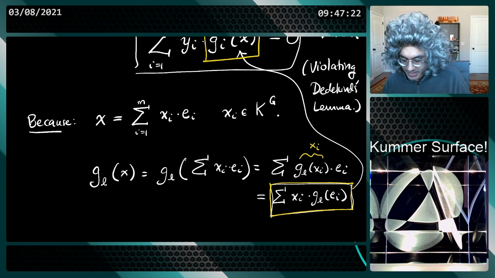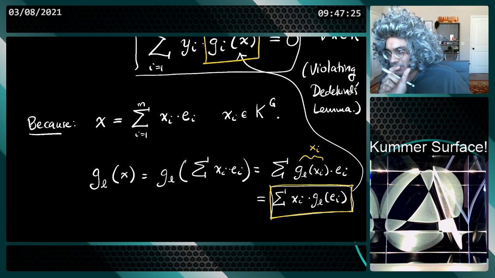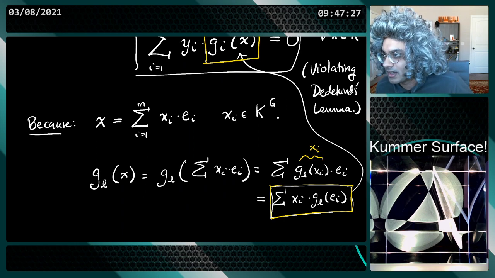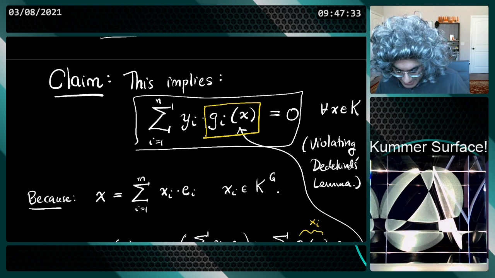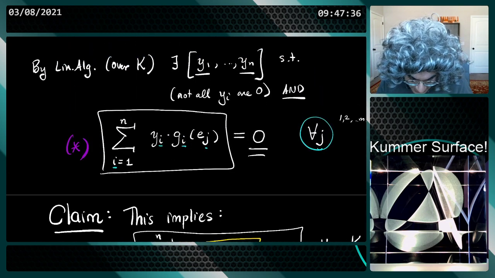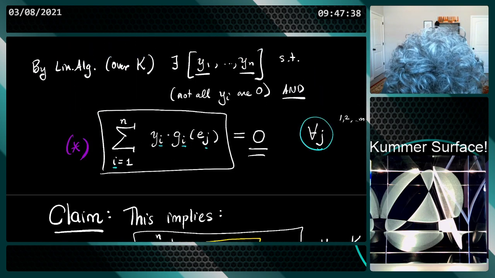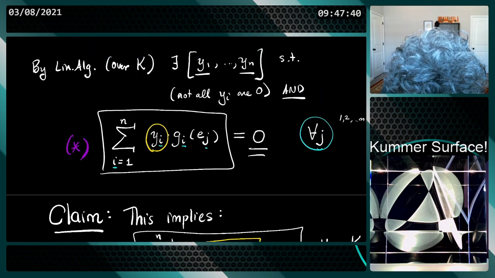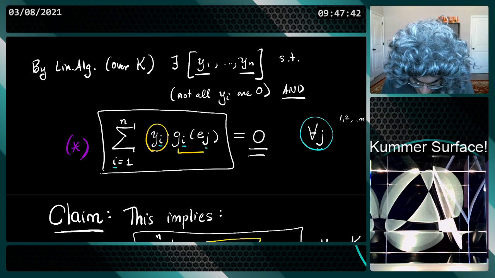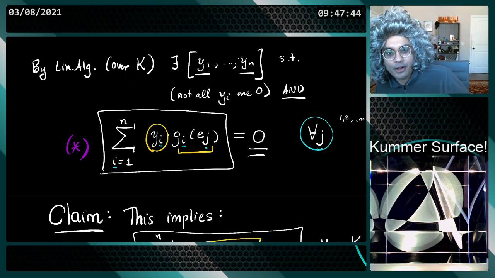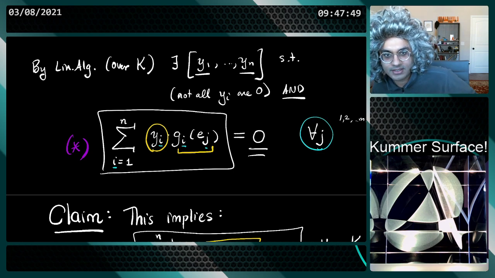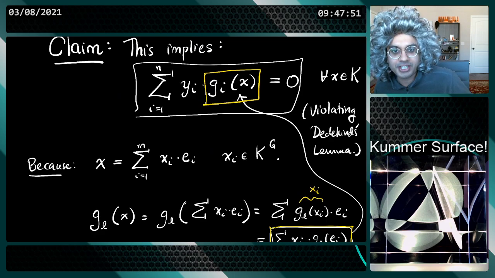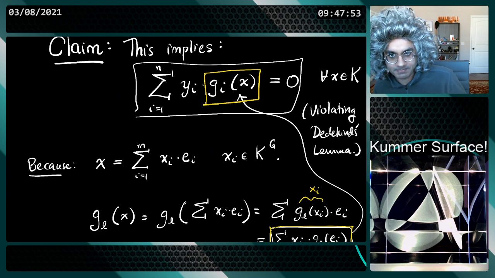Yeah, it's a little bit of algebraic shuffling of the summation symbols. But the point is that knowing only that the yi's are a relation among the outputs like this will tell you that the yi's are a relation among every output.